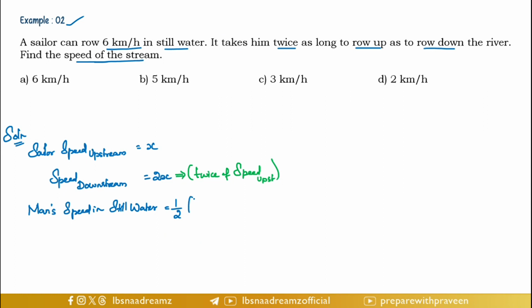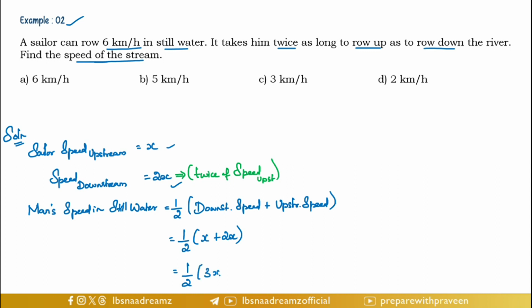Apply the values: 1 by 2 into x plus 2x, right? x plus 2x, which is equal to 1 by 2 into 3x. So 3x by 2 is equal to 6, right?